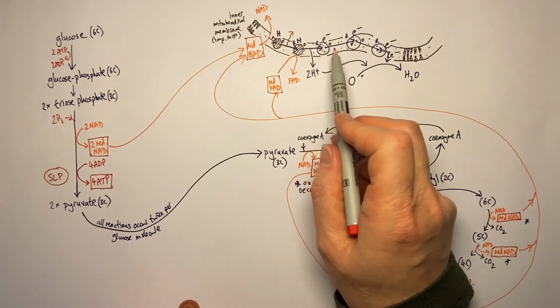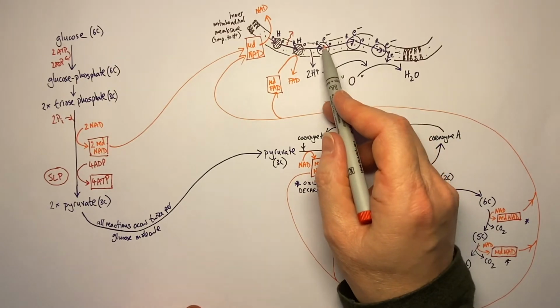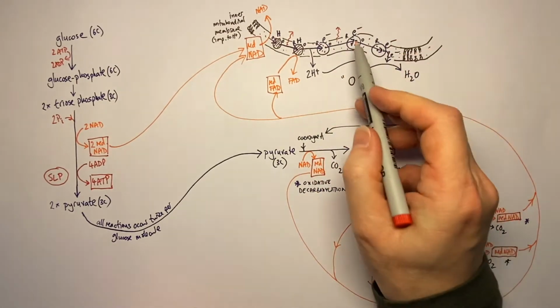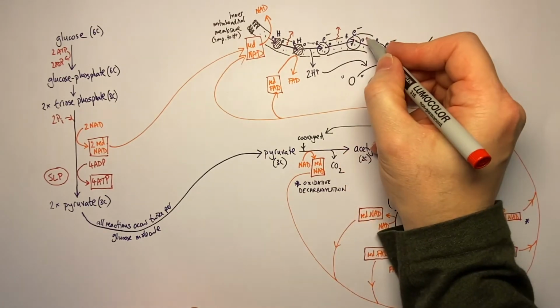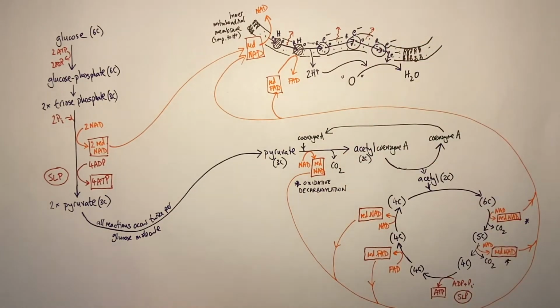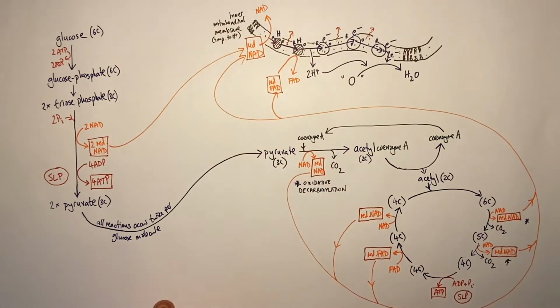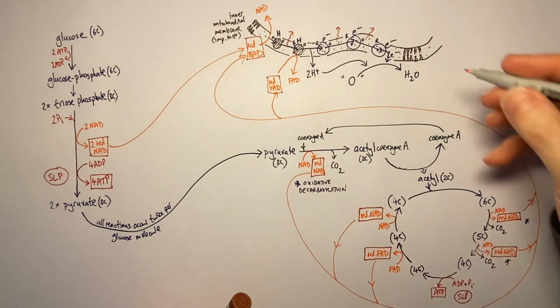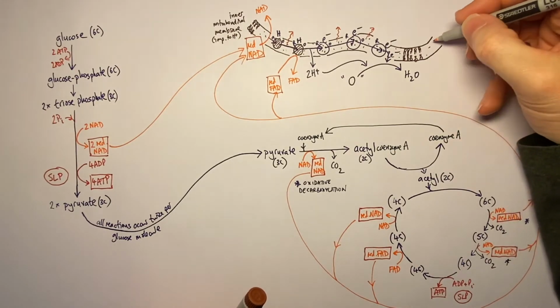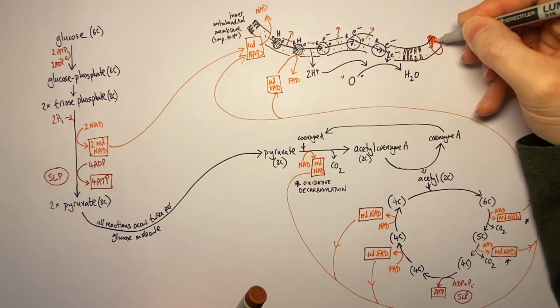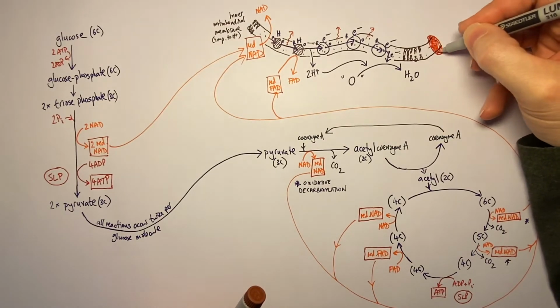Not that useful here. But then as the electrons move from there to there, a little bit of energy is lost. And as the electrons move from there to there, a little bit of energy is lost. So we're having energy being lost in a slowed, controlled manner. And that's the important thing here. Because what we have in the membrane up here are structures called hydrogen ion pumps.